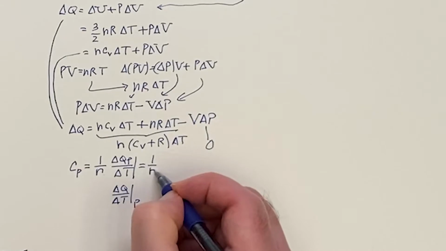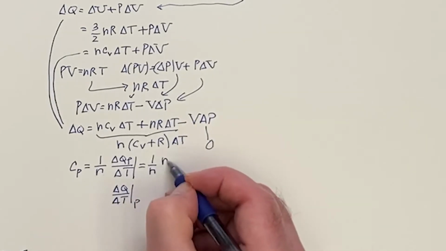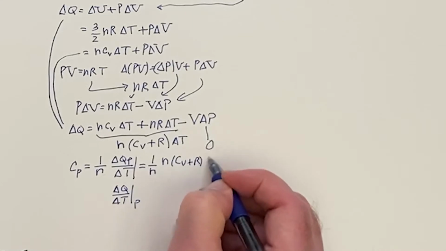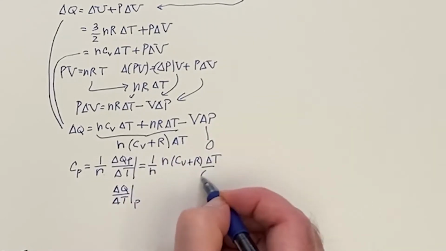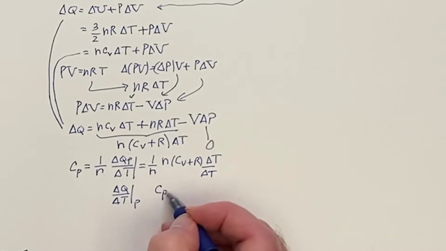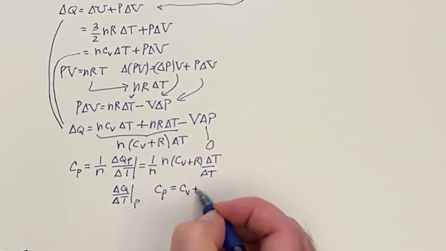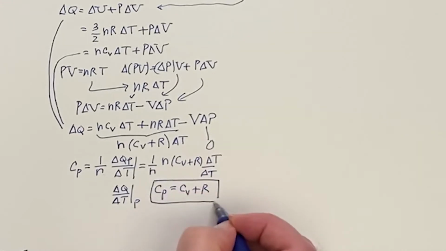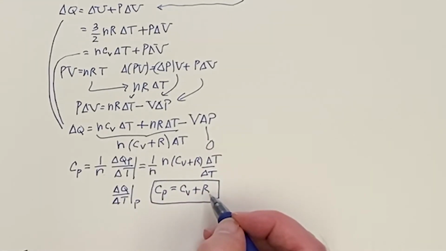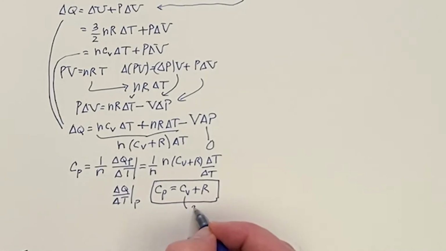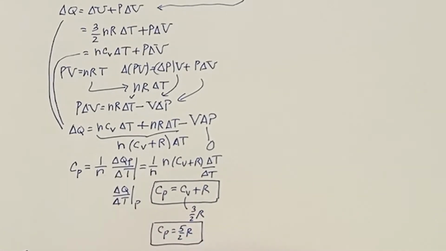And I have 1 over n, and then I just have this, n CV plus R delta T over delta T. So I get this cool result that this is CV plus R. It's a nice result. And that would mean here, since this one is 3/2 R, CP is 5/2 R.